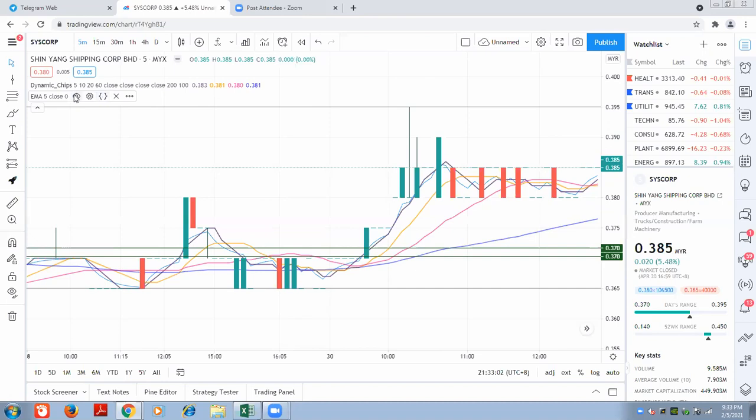When you remove the EMA, you can find it very easy to trade, because when it rebounds on the SMA5, it will rebound directly. So it is easier to read compared to the EMA. That's the difference.